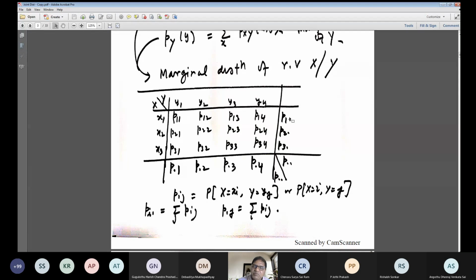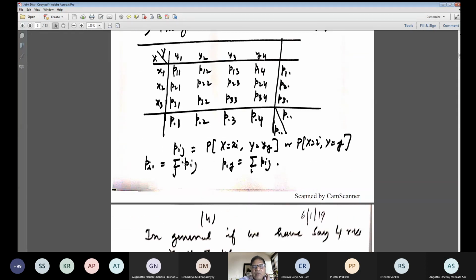The dot represents summing over the second subscript. Similarly p2 dot, p3 dot, and if you are summing over the first subscript, then p dot 1, p dot 2, p dot 3, p dot 4. If you sum over both subscripts, it gives you p dot dot.